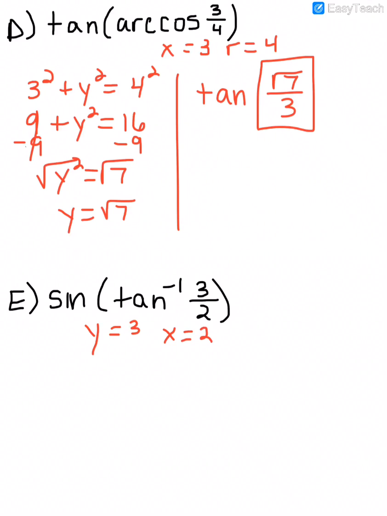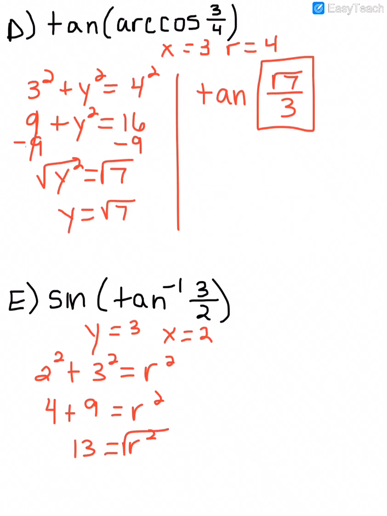So again, we're going to do the Pythagorean theorem. x squared plus y squared equals r squared. So that's 4 plus 9 equals r squared, which is 13. And when we take the square root, we get that r is the square root of 13. So sine would be y over r, so that's 3 over the square root of 13, which rationalizes to 3 square root of 13 over 13.